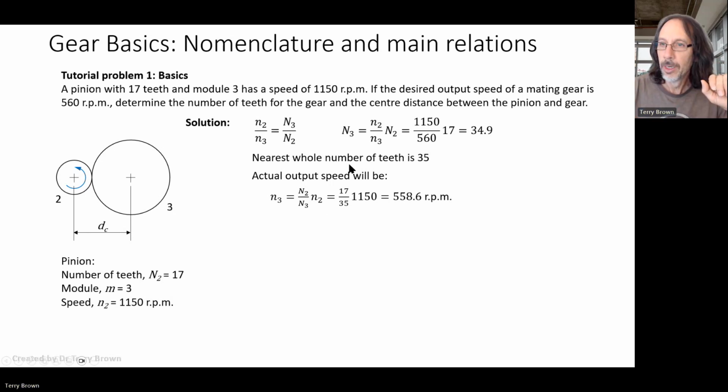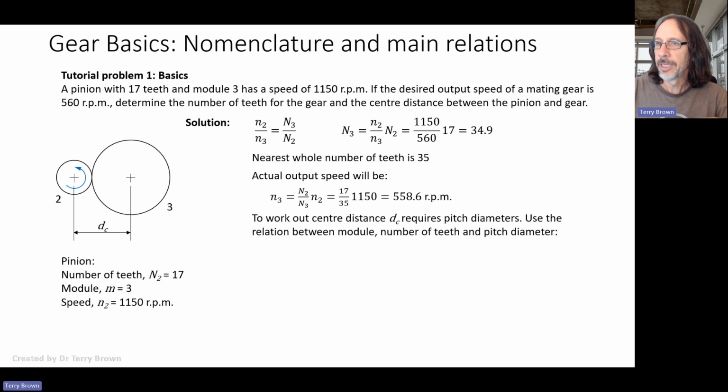This is the relationship that I showed you in the lecture. The module is equal to the pitch diameter divided by the number of teeth. So from the pinion, we can calculate our pitch diameter as module times the number of teeth, which gives us 51 millimeters.